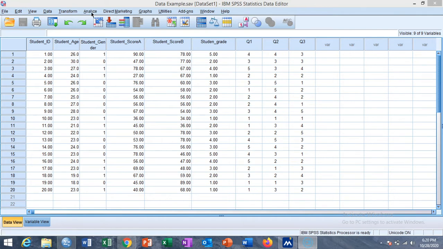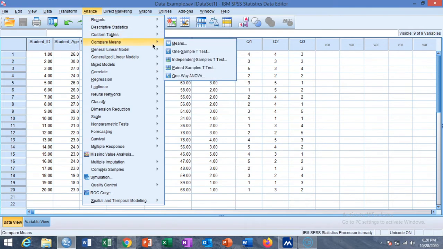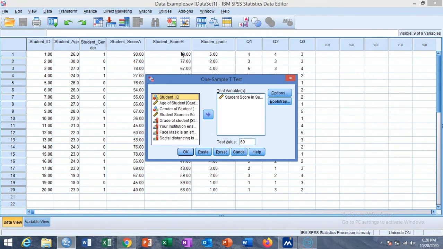So for this purpose, we will go to the option of analysis, compare means, and then one sample t-test. One sample t-test is used when data is normal and the variance of the distribution is not known. Here the variance of the population is not known and the sample size is relatively small, so we use the t-test.